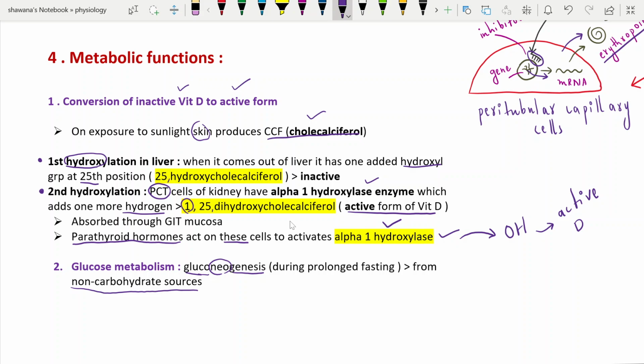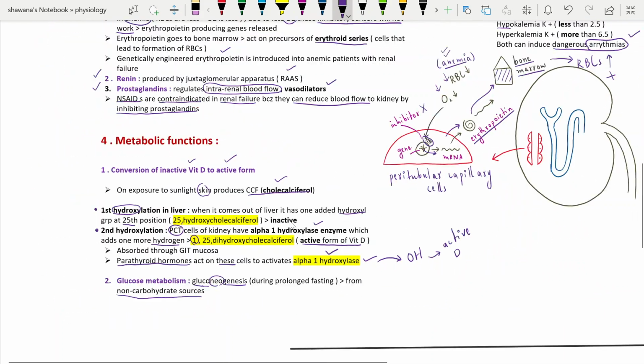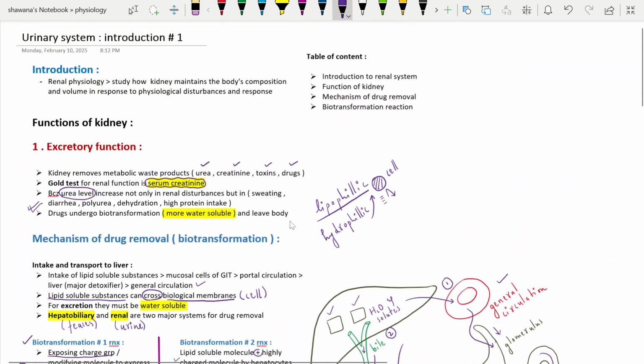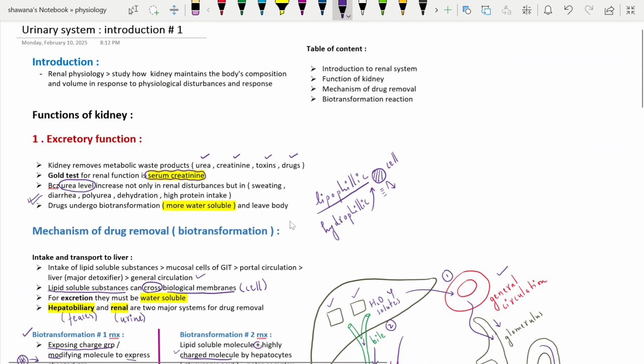Understand? I hope this is enough for today's lecture, so just revise a little bit. I have skipped one more function, and I will discuss it in the next video, which is also introduction based. So this is all about the physiology of the kidney.